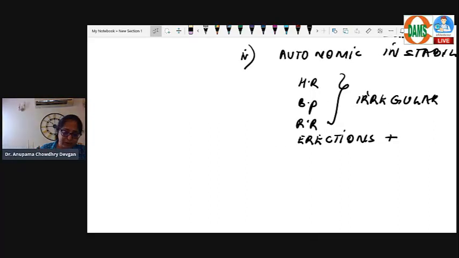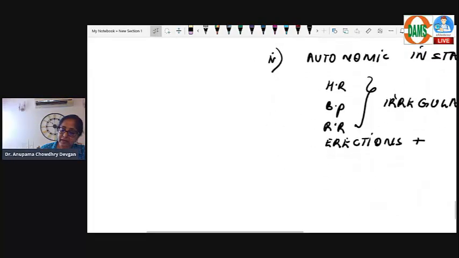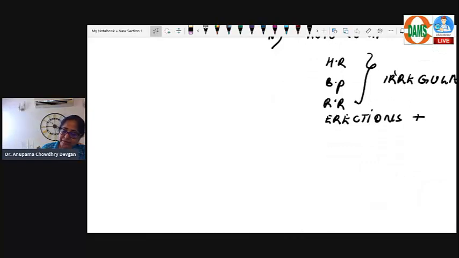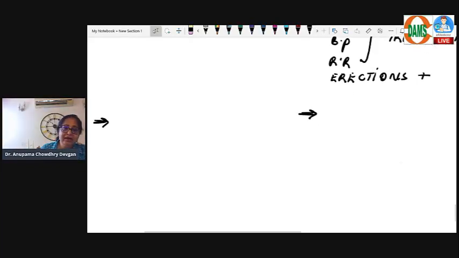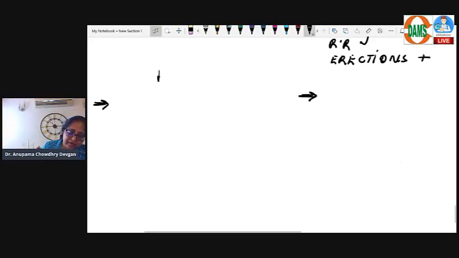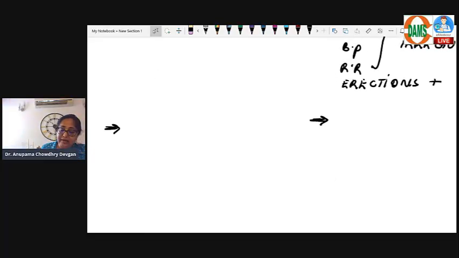Next important difference between NREM and REM sleep. In NREM sleep, yes, we are discussing NREM and REM sleep. NREM is associated with somnambulism.